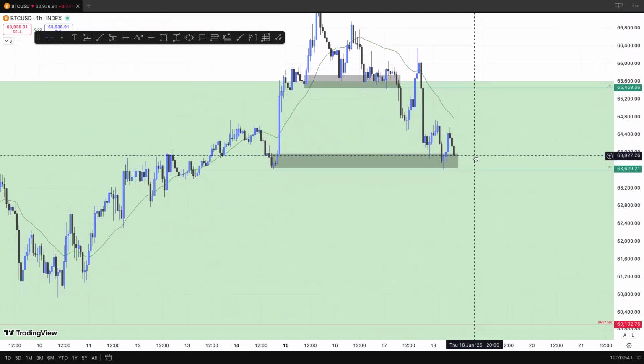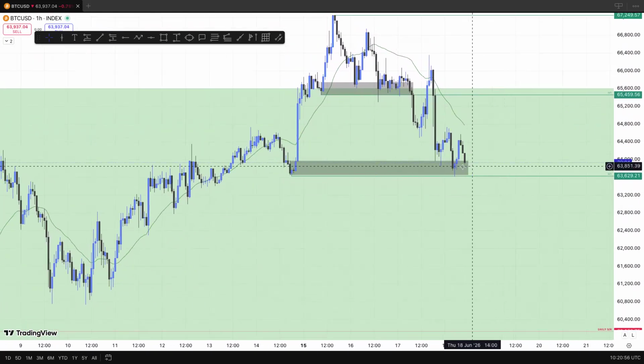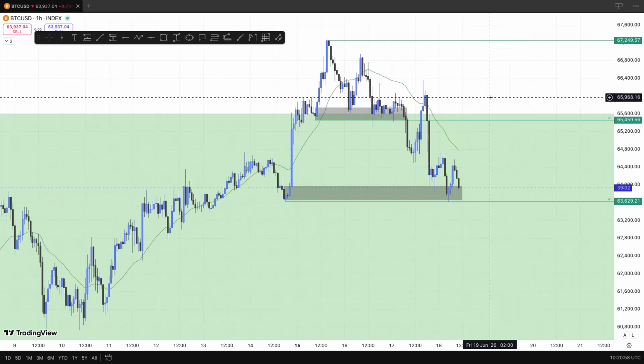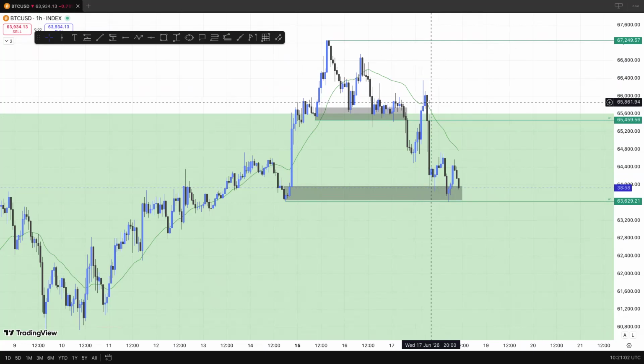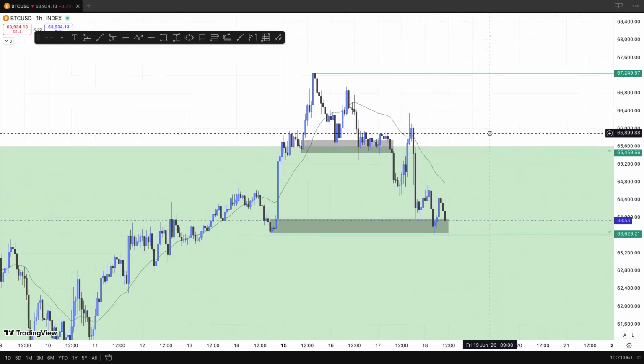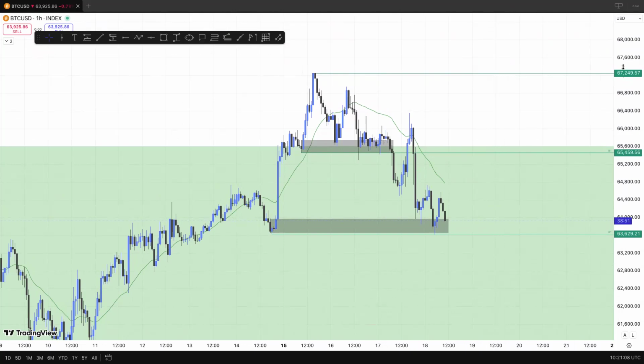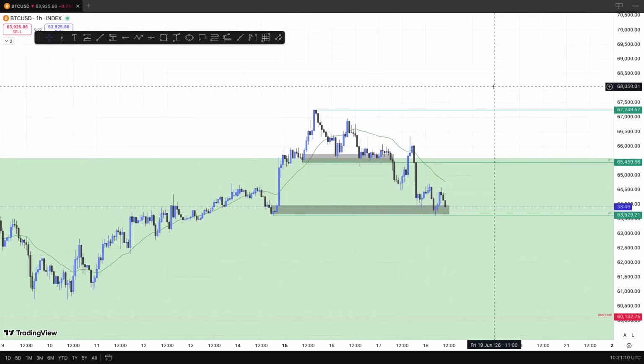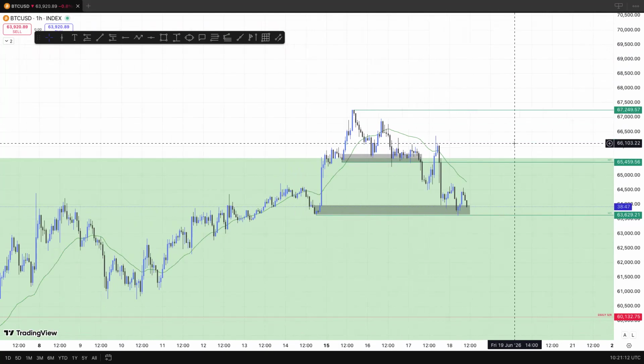So we have to expect a move from here into the supply, and this supply will decide if BTC USD will head upward, breaking these supplies right here.